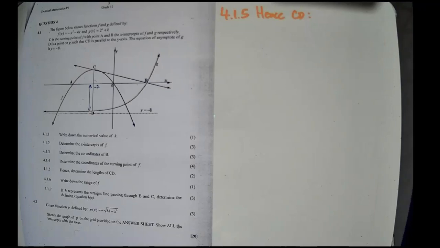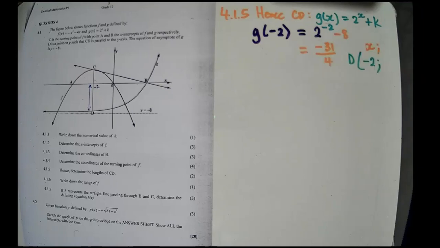Right, so notice that that x value of C was minus 2. So that's how we know that's minus 2. So substituting into the parabola, that will give me that distance. So minus 2 is the x value. So substituting into the exponential function, not the parabola, substituting into the exponential function, 2 to the minus 2 plus the k was minus 8, which we did above.